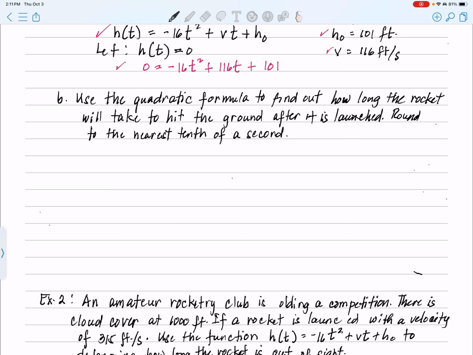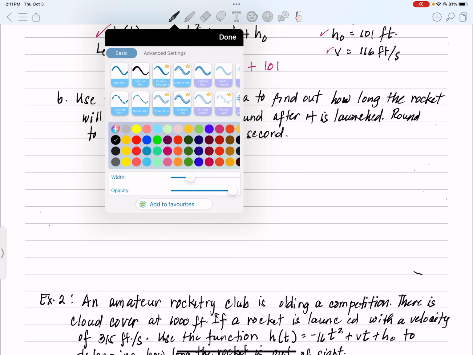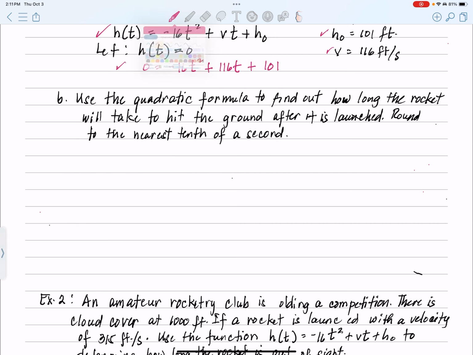I'm going to use the same color and write the equation again: 0 equals negative 16t squared plus 116t plus 101.